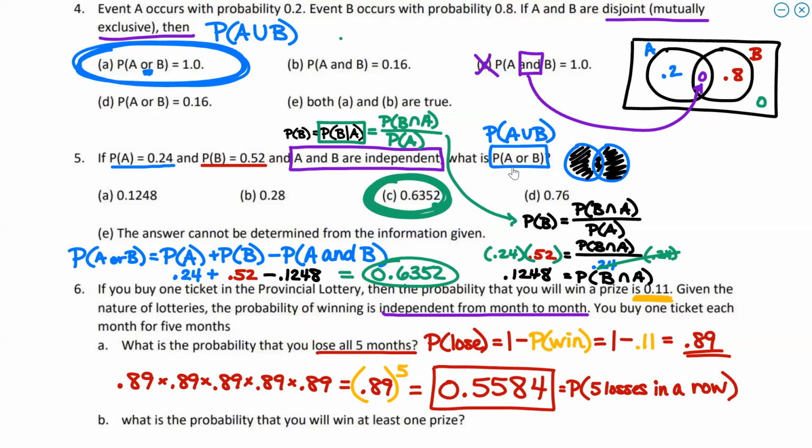What's the chance that I didn't lose them all? 1 minus this. If they said, what's the probability that you won at least 2? Then I would have to write out all of those options. But on this one, if they say at least 1, and I figure out the probability that I lost them all, it's just going to be 1 minus this chance right here.